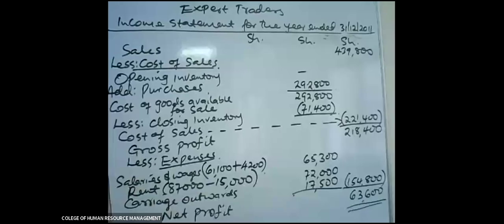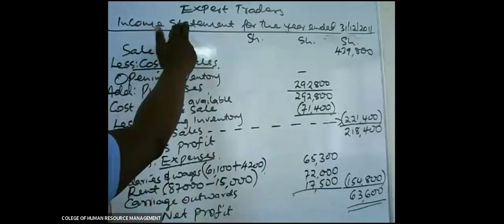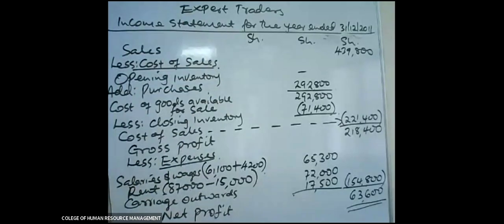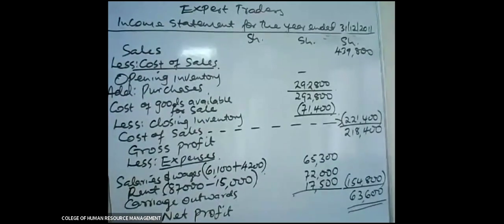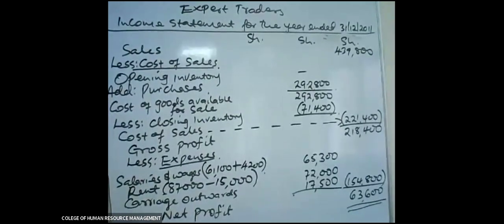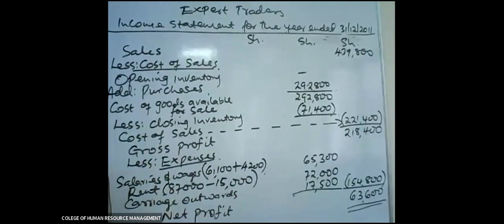We are supposed to draw the statement of financial position for expert traders again. That is Roman 2. The good thing is this question is very simplified. We don't have depreciation, so we can do it very fast.